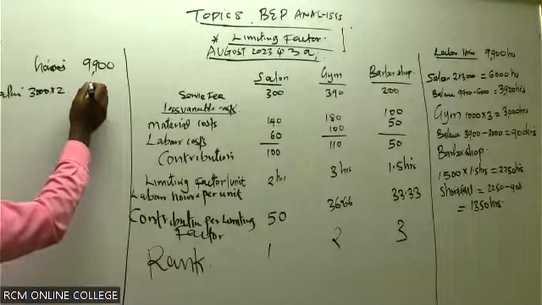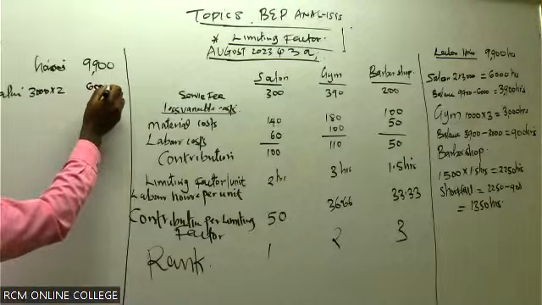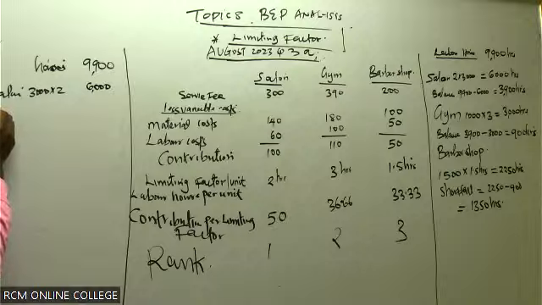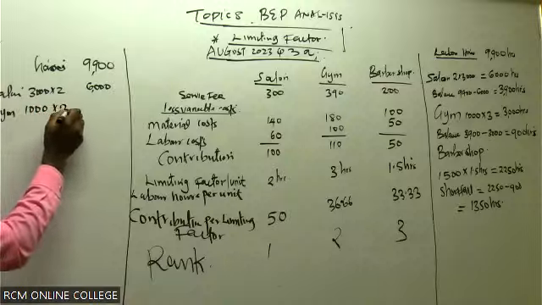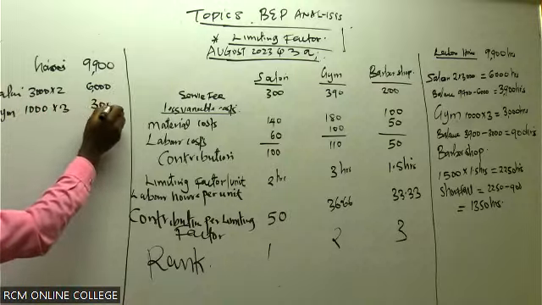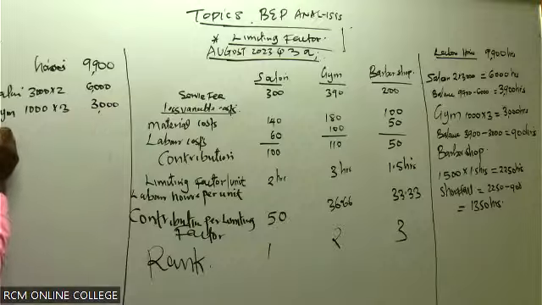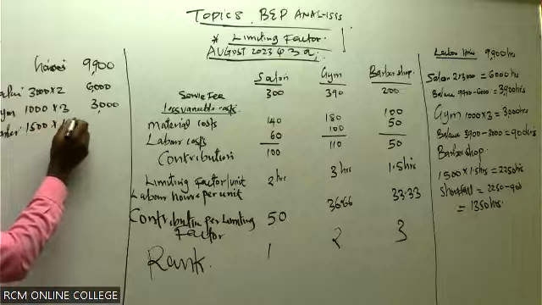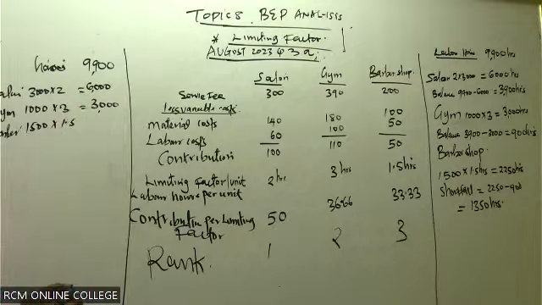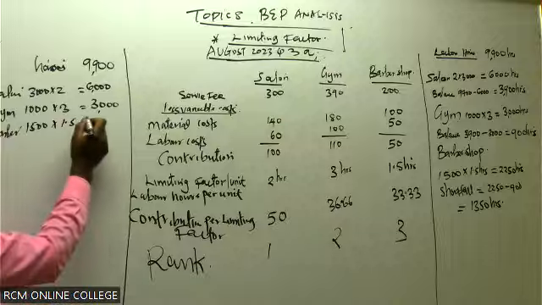So that is 6,000 hours. Under gym, we need to serve 1,000 clients and each requires 3 hours. That is 3,000. Under barber shop, we need to serve 1,500 clients at 1.5 hours, which is equivalent to 2,250.